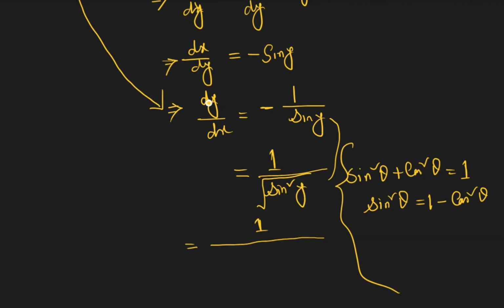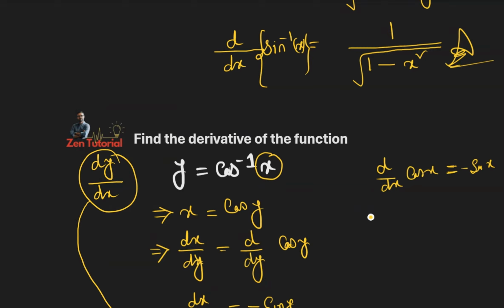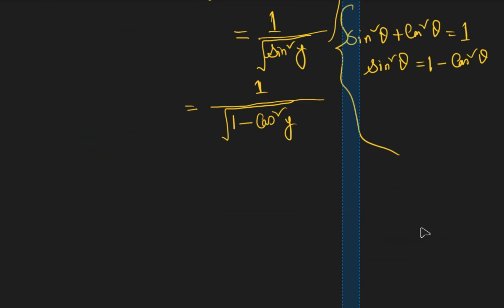Now we can write the square root of 1 minus cos square y, and we have taken that y equals cos inverse x. This was the main function we have to differentiate, but from here we can write x equals cos y. So cos y equals x.